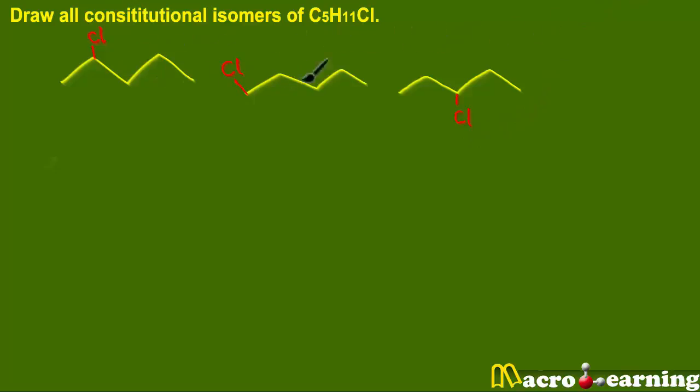So that's pretty much all it is for a straight chain pentane with chlorination.